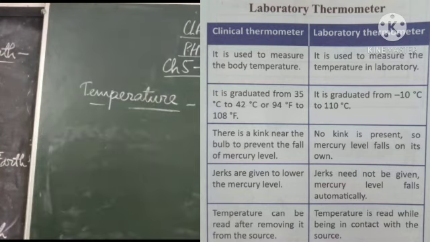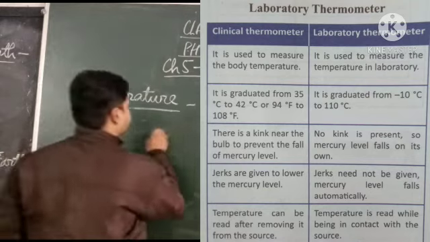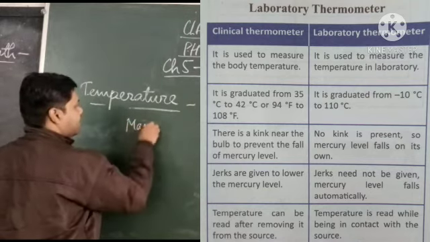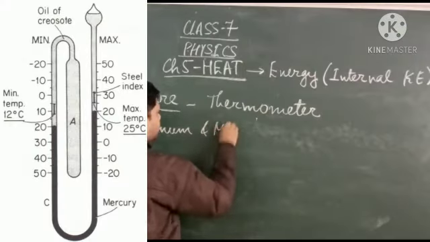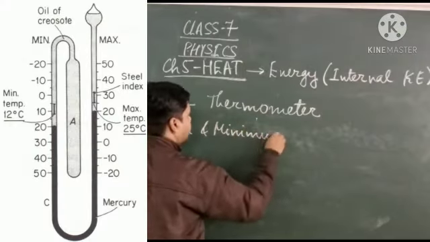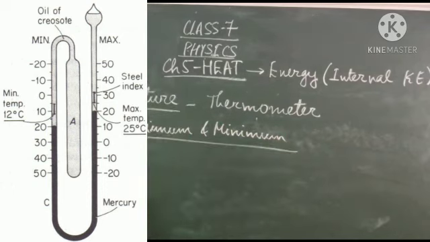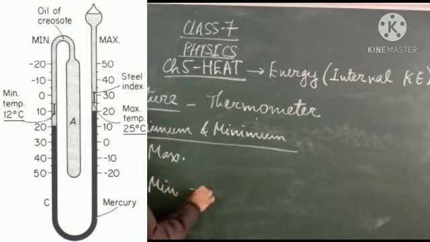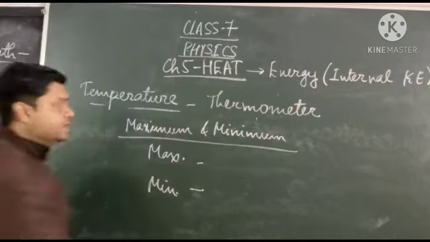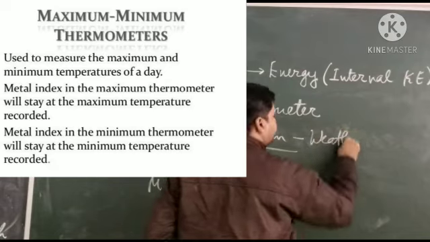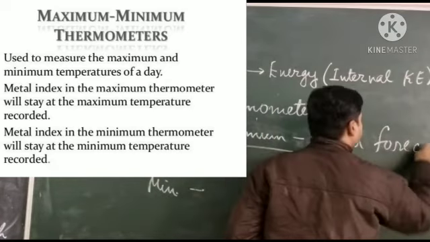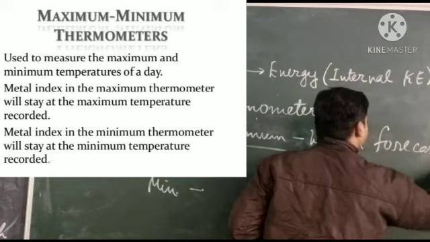Another type of thermometer used is the maximum and minimum thermometer. From the name only we come to know that it records the maximum value and the minimum value. This type of thermometer is used for weather forecasting purposes. It just tells the weather of a place.